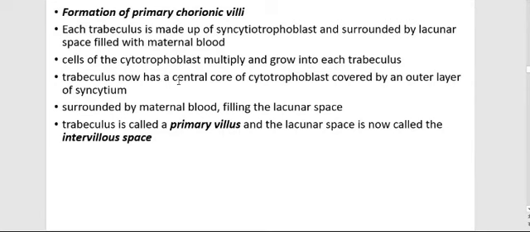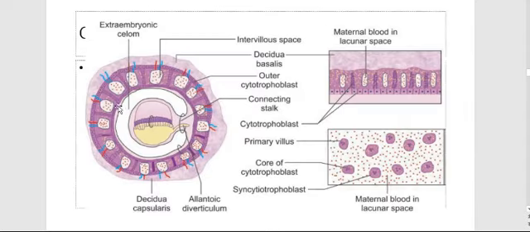So the trabeculus has a central core of cytotrophoblast, covered with syncytial trophoblast and surrounded by maternal blood filling the lacunar space. Because of the formation of the primary villus, the lacunar space will now be called the intervillous space.